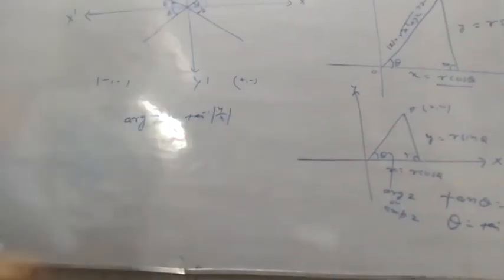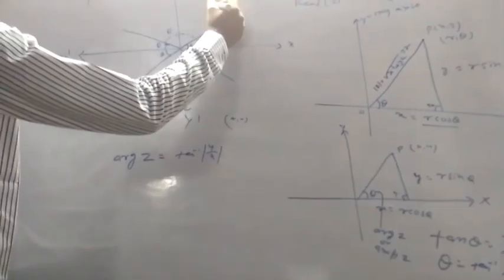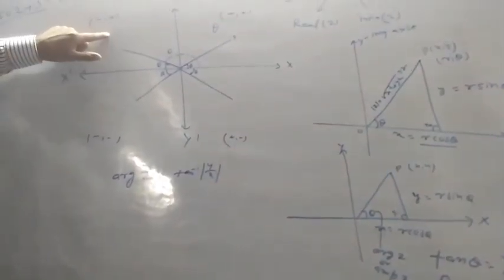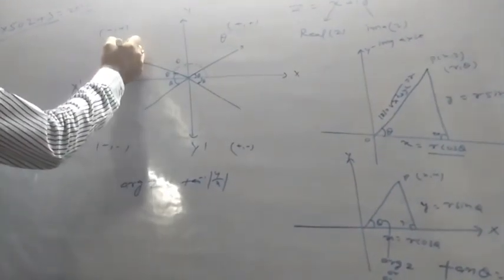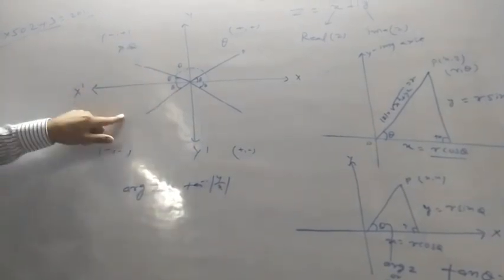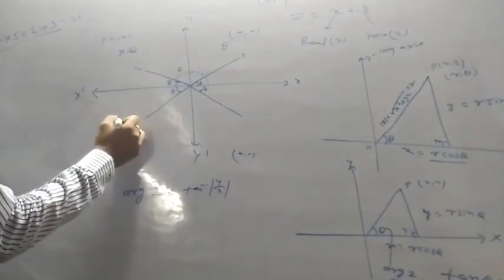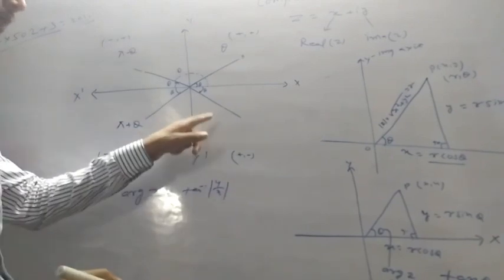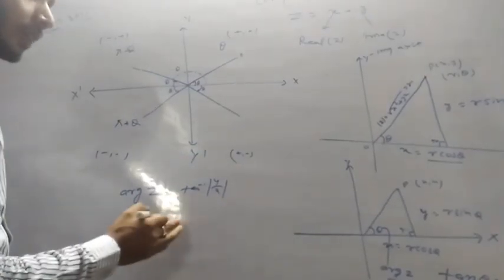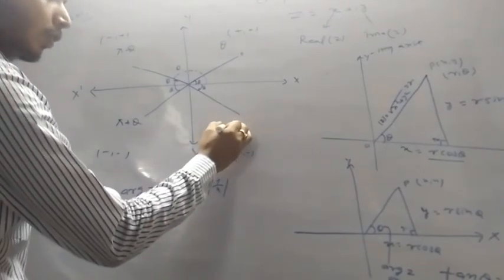In the first quadrant, argument of z is equal to theta. In the second quadrant, argument of z is equal to pi minus theta. In the third quadrant, argument of z is equal to pi plus theta. In the fourth quadrant, argument of z is equal to 2 pi minus theta.